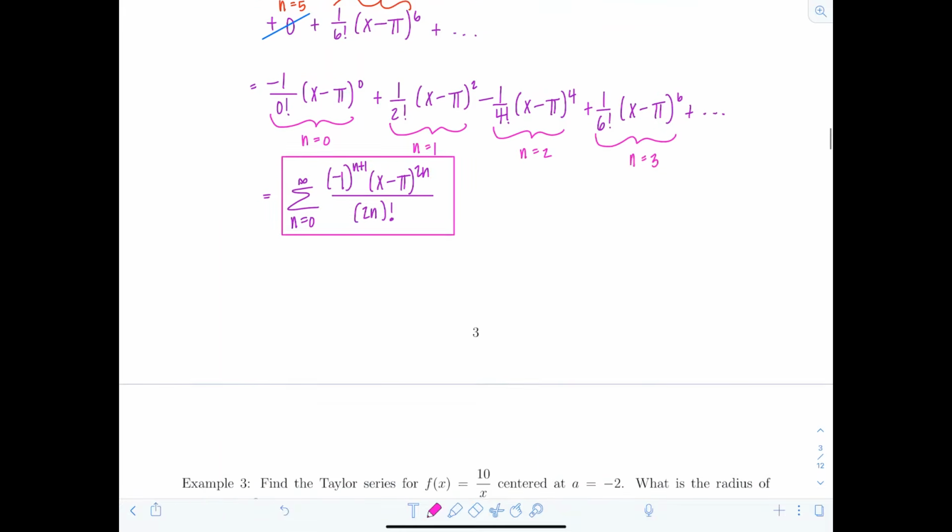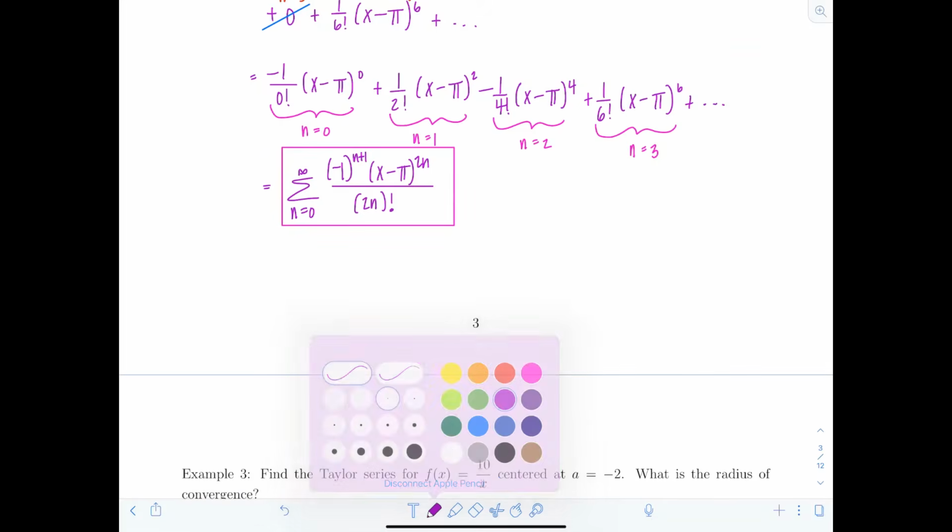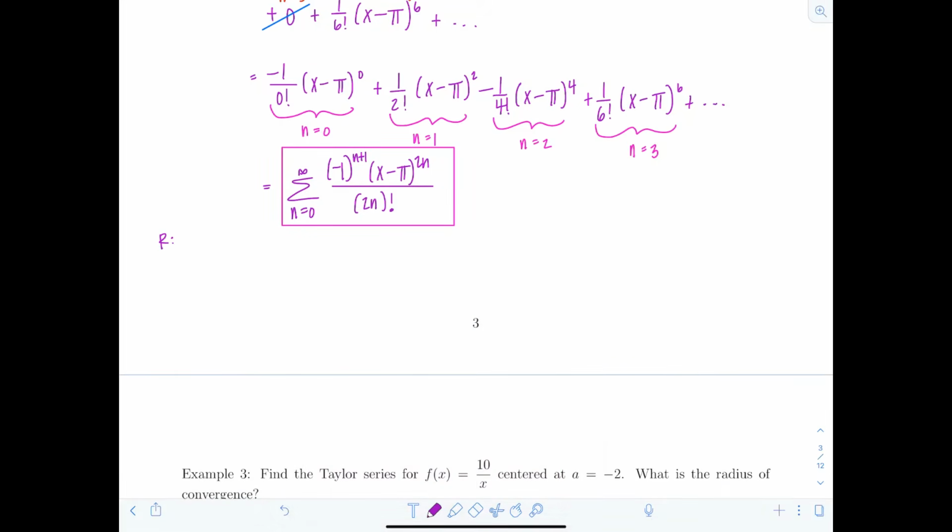And now we need to find the radius of convergence. So again, we're just going to use the ratio test. I'm going to look at the limit as n approaches infinity, absolute value, of x minus pi to the 2 times n plus 1, over 2 times n plus 1 factorial. And then let's multiply by 2n factorial over x minus pi to the 2n.